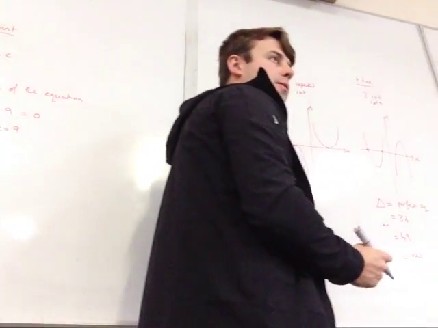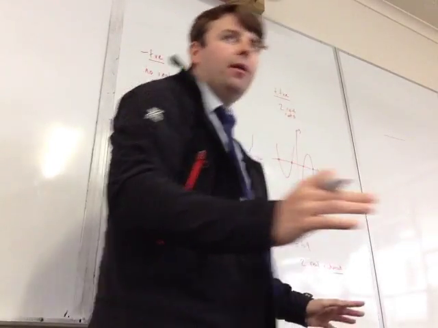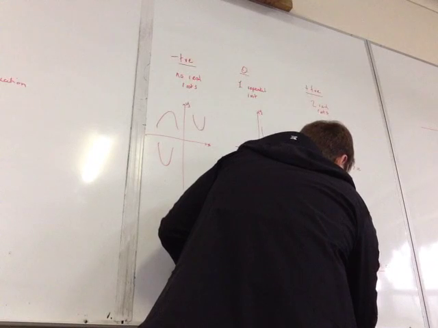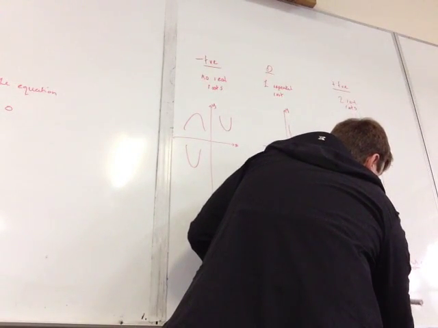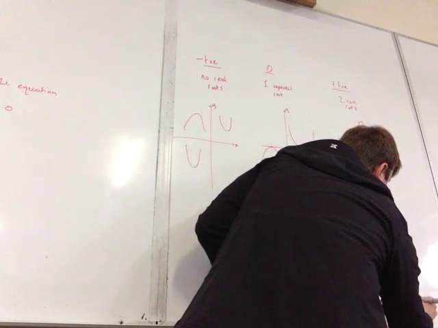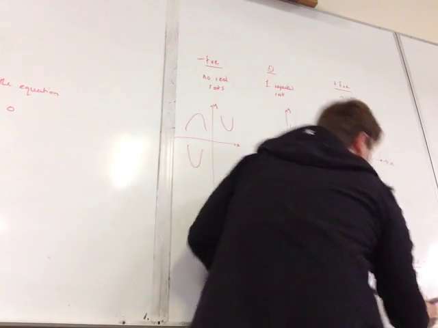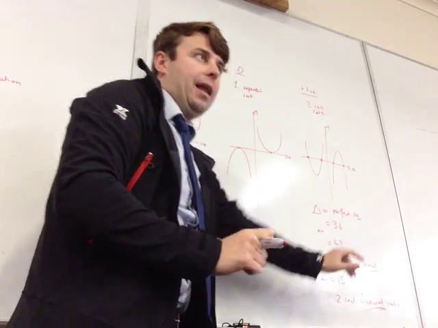Alright? Rational roots. If it is any other positive number that's not a square number, so the discriminant say is equal to 15, we would say it has two real irrational roots. Okay, so that's the extension part. That's all within the positive element.